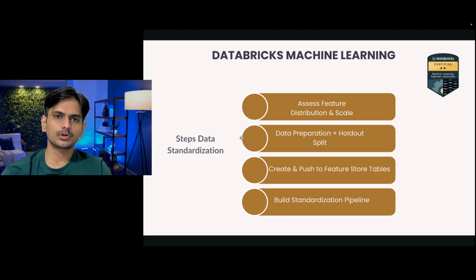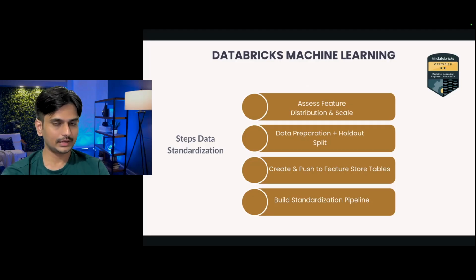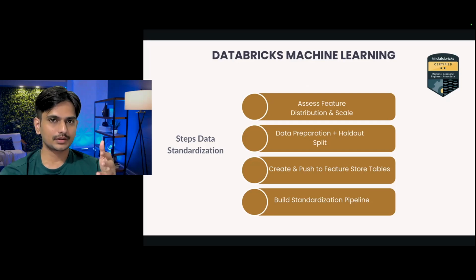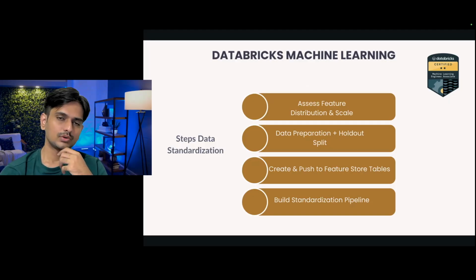Step two is more of a data preparation. You split the data into train, validate, and test sets. Train is where the model learns the pattern, validation is used for tuning parameters or hyperparameters, and test is the final unbiased evaluation. What's important here is never standardize before splitting.